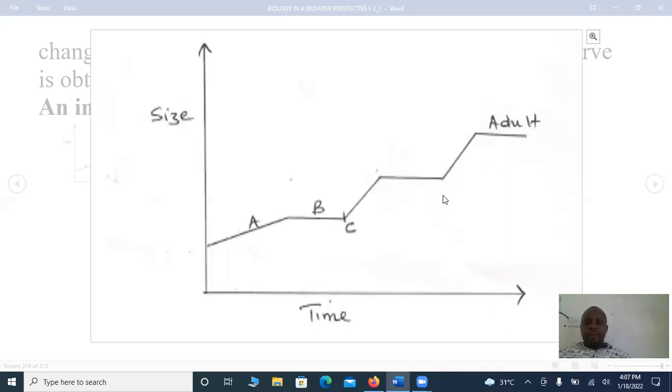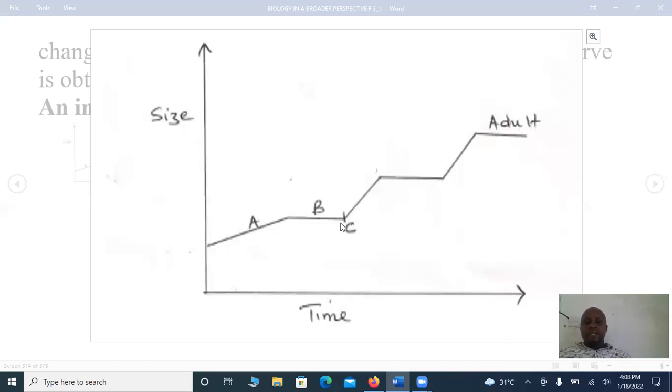So you will be able to see that this curve is different from the sigmoid curve. At point A, this is where growth occurs. This is because the exoskeleton at that point is soft, hence allowing the expansion of the organism. At point B, there is no growth because the exoskeleton has hardened. Therefore, the organism cannot be seen increasing in mass.